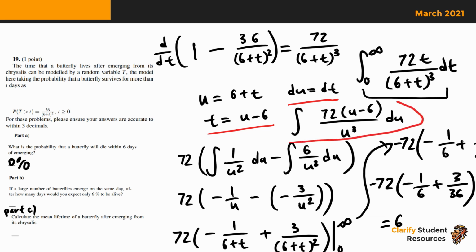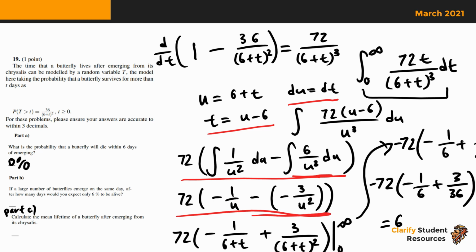We separate it into two different integrals using linearity, and after we solve our integrals in terms of u, we need to plug back in the 6 plus t. After we plug in the 6 plus t, we get over here, and then it should equal 6, which is our answer.